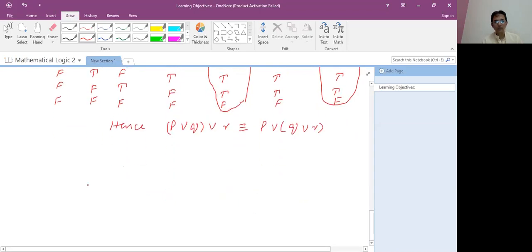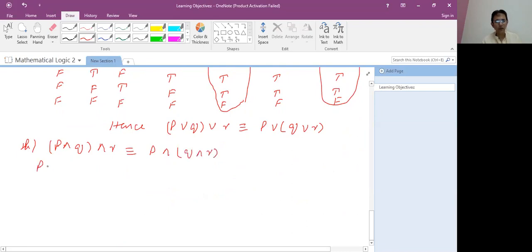Similarly, for the second part B, when we apply the multiplication operation, (P and Q) and R is logically equivalent to P and (Q and R).